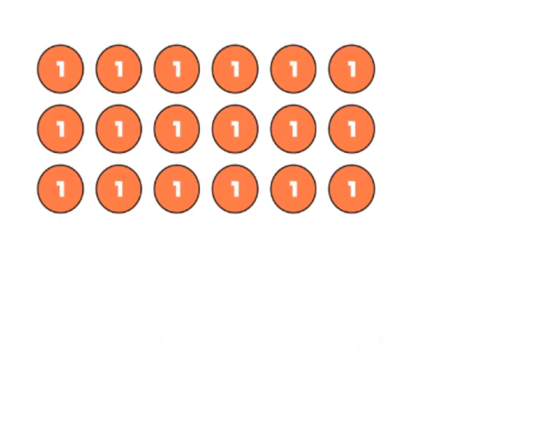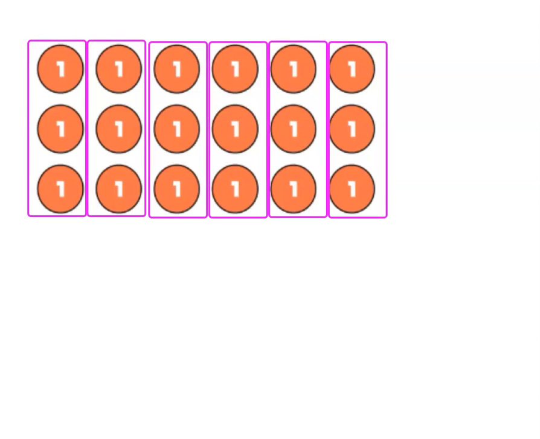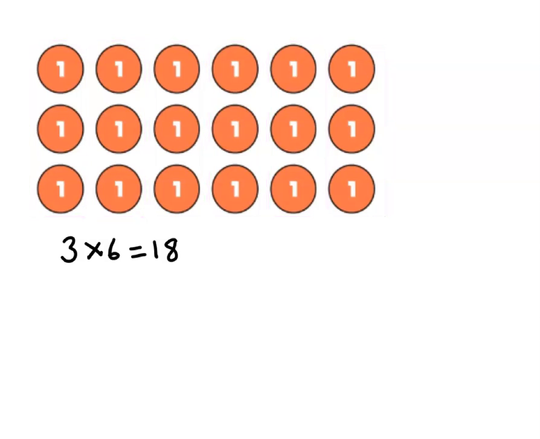This array is built out of 1s. Each column has 3 1s, and there are 6 columns altogether. So 3 times 6 is equal to 18. We can also write our inverse of 18 divided by 6 is equal to 3.